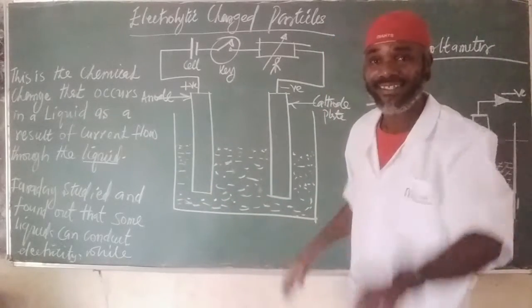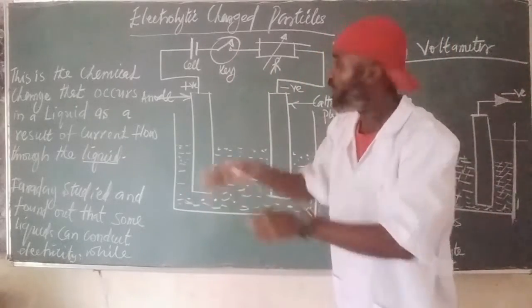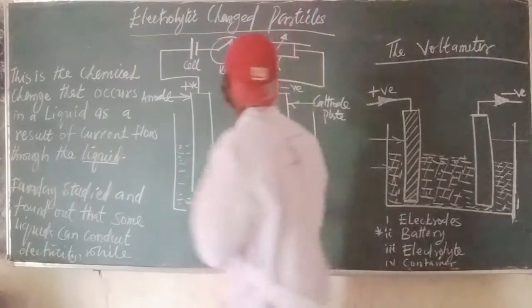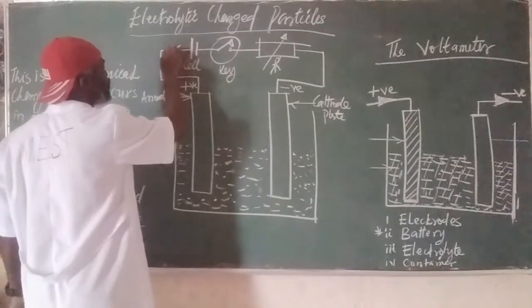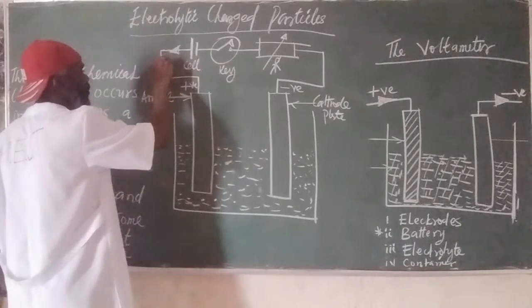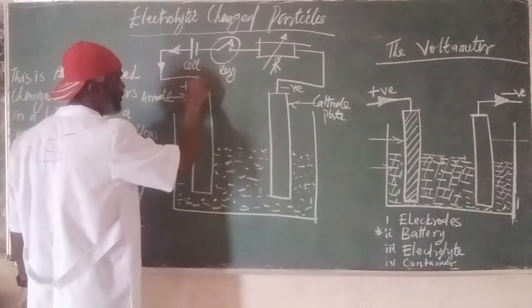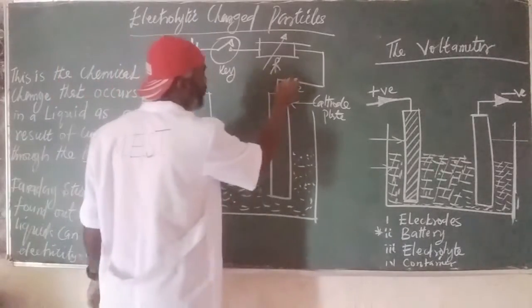But guess what? Immediately the key closes, current begins to flow. Look at my arrow. Current begins to flow into the system, and flows out from here.